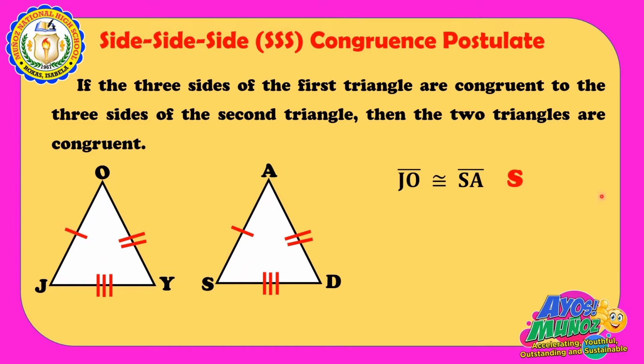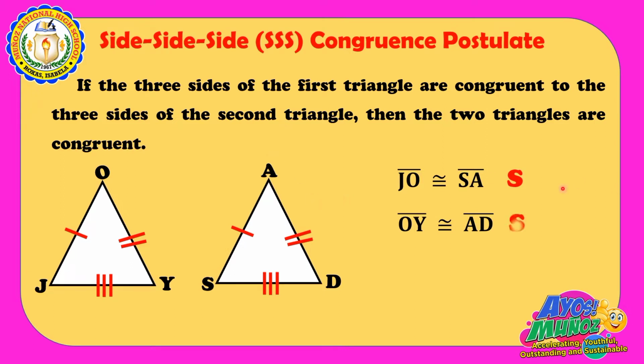The second congruent sides, we have line OY congruent to line AB, or line YO is congruent to line BA. So this is the second congruent side.